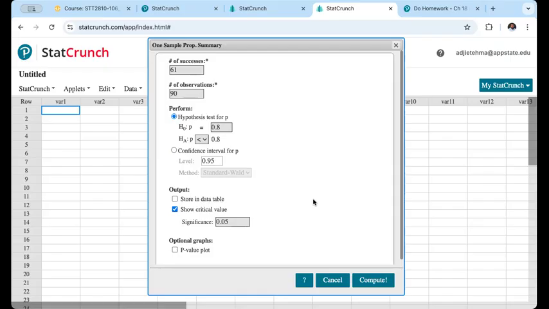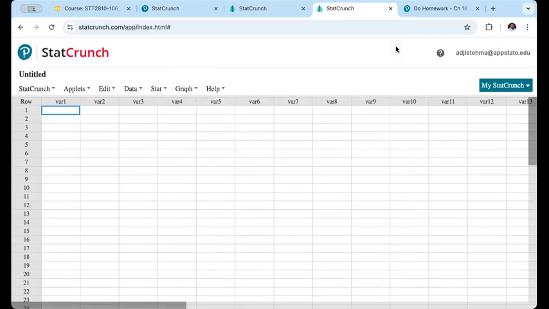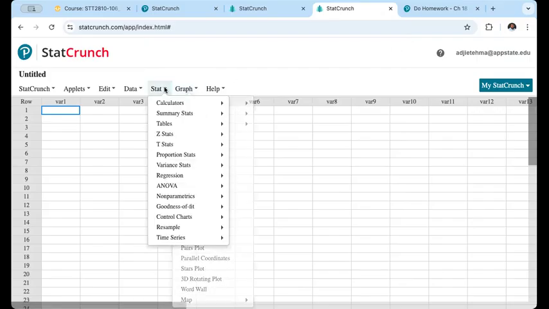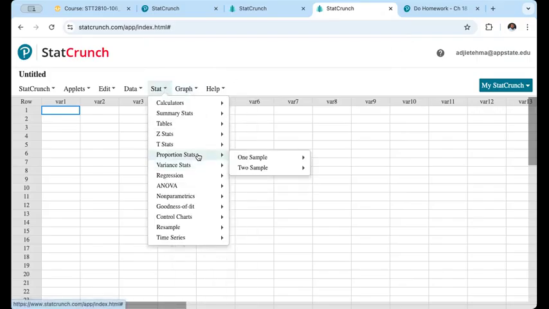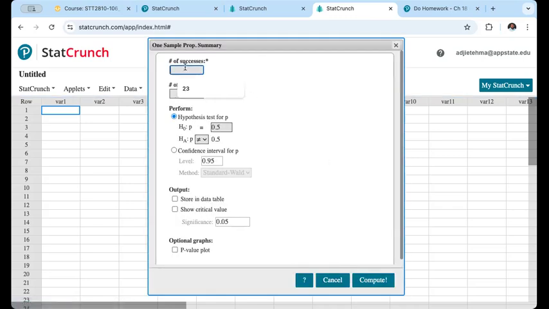I'll go over it again. To do the hypothesis testing in StatCrunch, we come to stats, proportion, one sample with summary. Our number of successes in this example is 61, and the number of observations is 90. We are interested in hypothesis testing, and our p naught is 0.8.